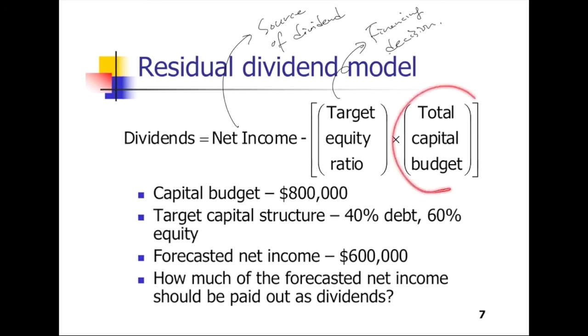What is the total capital budget? The total capital budget means the total amount of money to invest in good projects. How can you know? Yeah, from the investment decision, right?